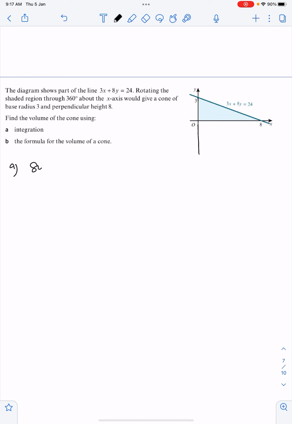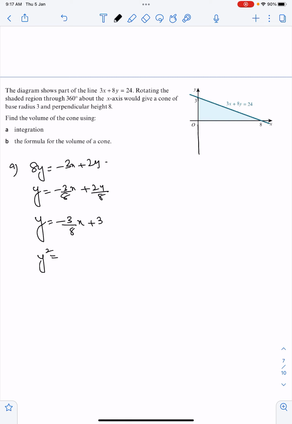So, 8y equals negative 3x plus 24, and then y equals negative 3 upon 8 x plus 24 upon 8. Y equals negative 3 upon 8 x plus 3. Y square is going to be this whole thing squared, negative 3 upon 8 x plus 3 the whole square.